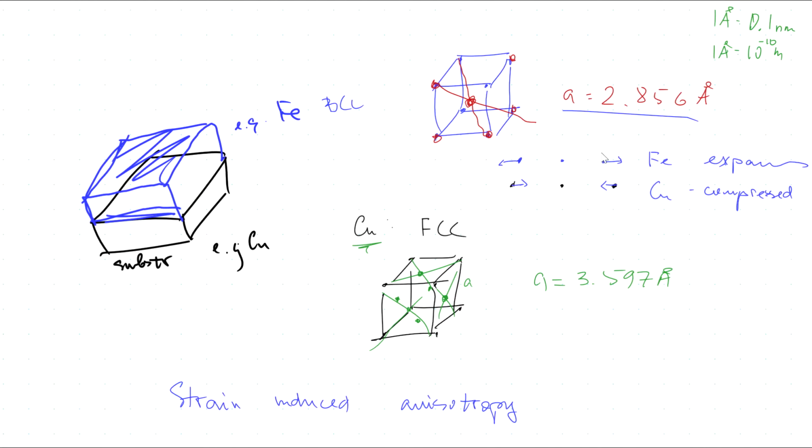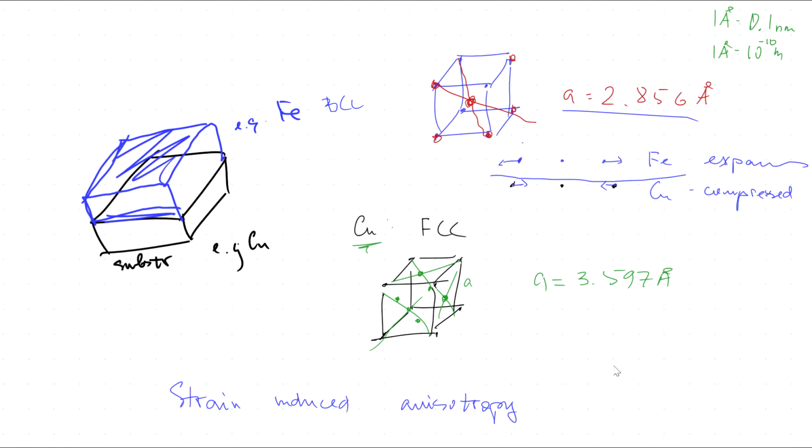Now, of course, this is the interface here between copper and iron. Of course, that is not happening in the bulk, because the next atom will move less, the next atom will move less, and finally somewhere in the bulk of iron we'll have a relaxed iron structure with a lattice constant equal to this 2.856. But if your films are very thin, then that would be the effect, and therefore in the very thin films you have to take care of that.